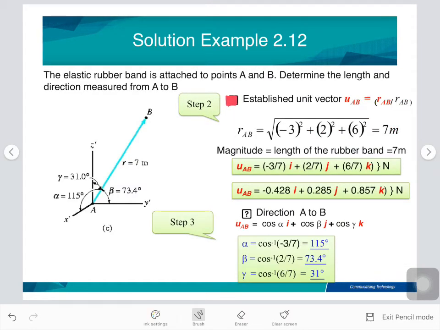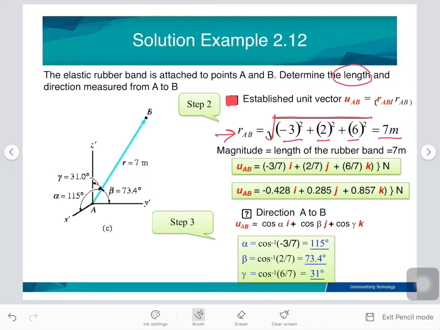So this is the magnitude of RAB. You have the square root of negative 3 squared plus 2 squared plus 6 squared. So you can solve, and we determine that the magnitude of RAB is 7 meter. This is the length of the rubber band. So we have solved part 1.